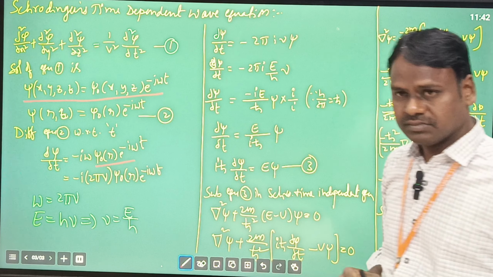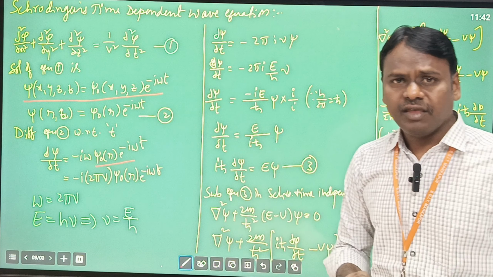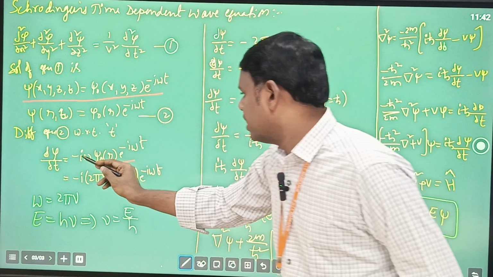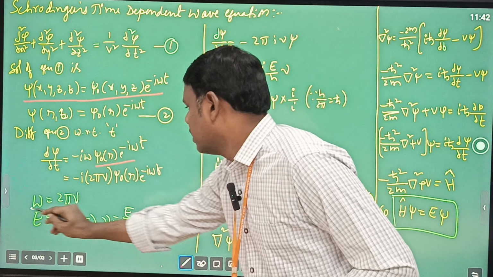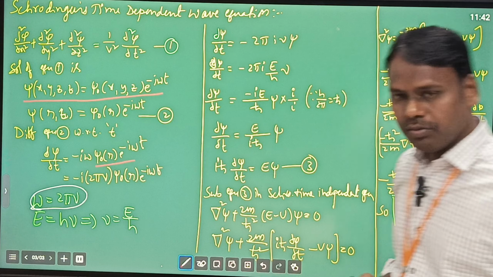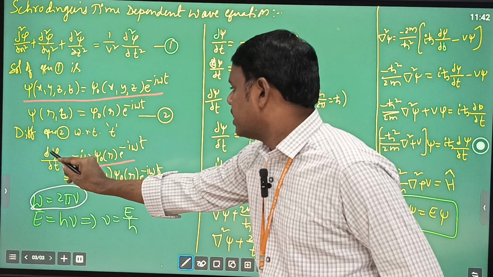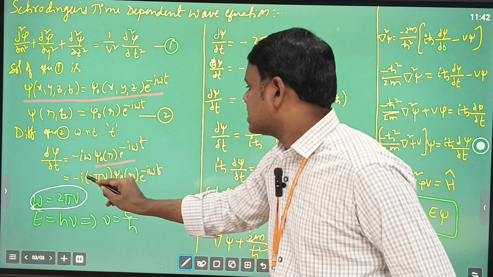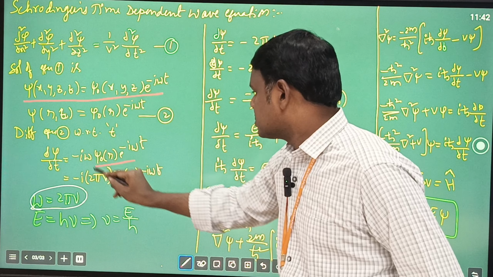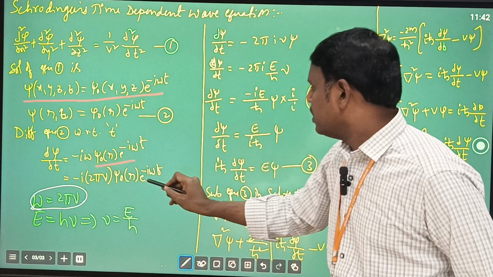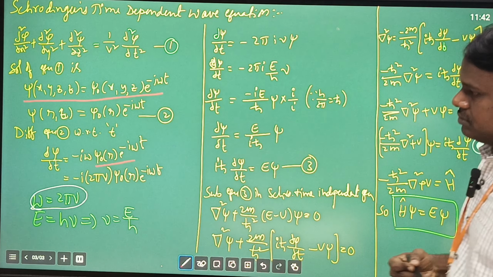And we know that omega is equal to 2 pi nu. So if you write 2 pi nu in place of omega, we can write dou psi by dou t is equal to minus I 2 pi nu into psi naught of r e power of minus I omega t.